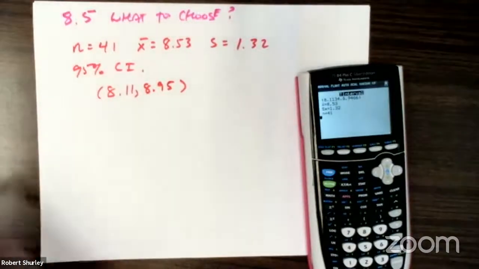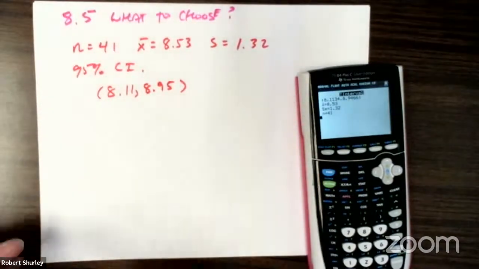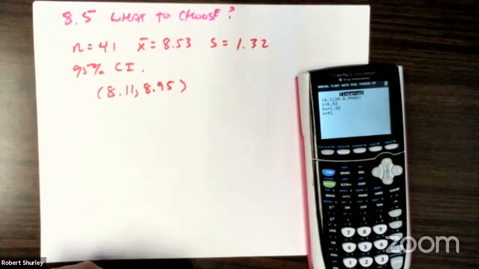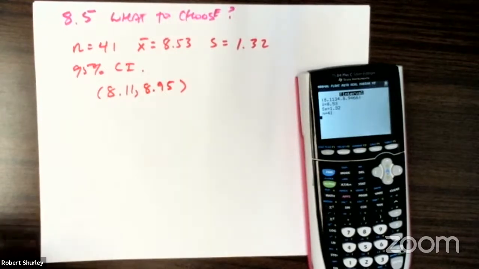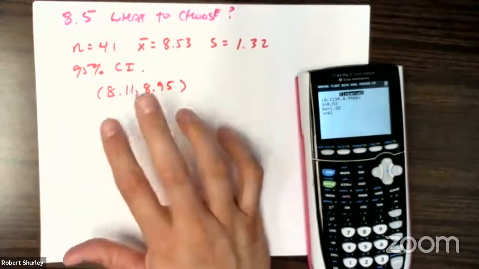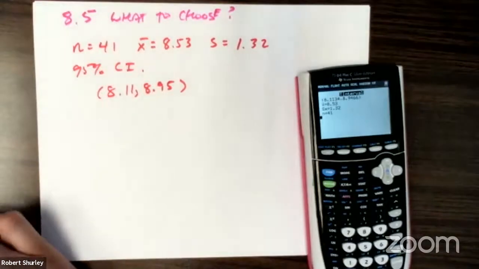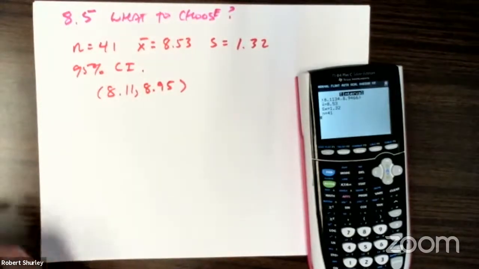Remember, the follow-up to that is we're 95% confident that the population mean of pumpkin weight for this pumpkin patch is between 8.11 and 8.95 pounds.